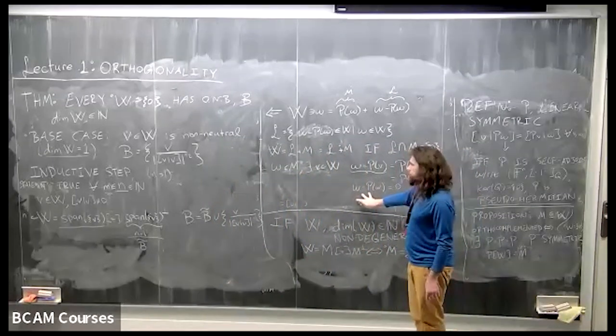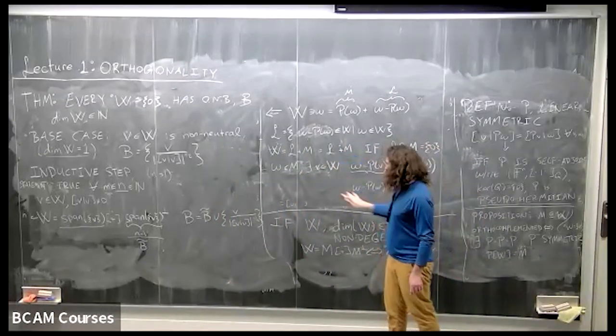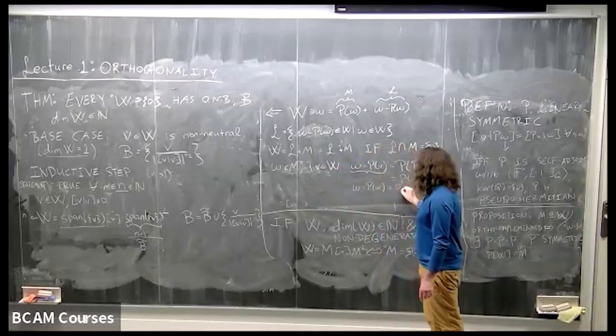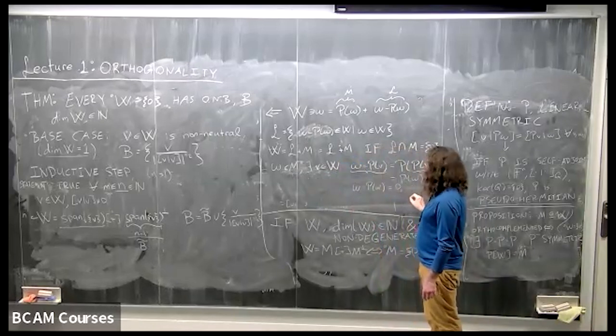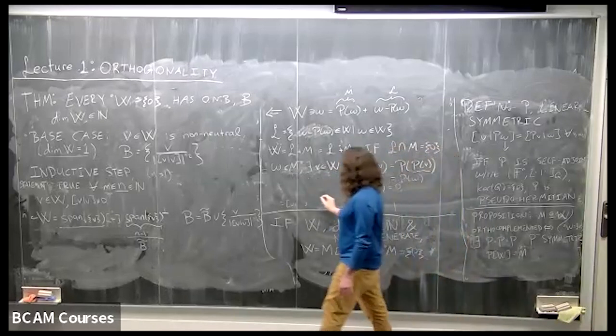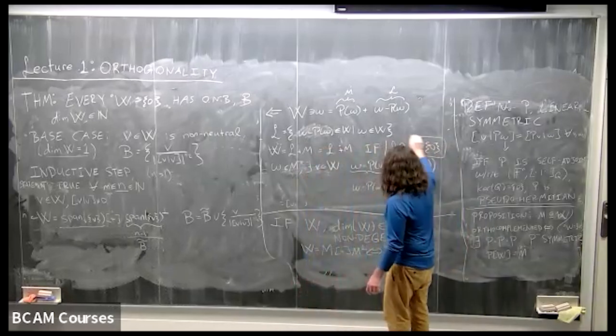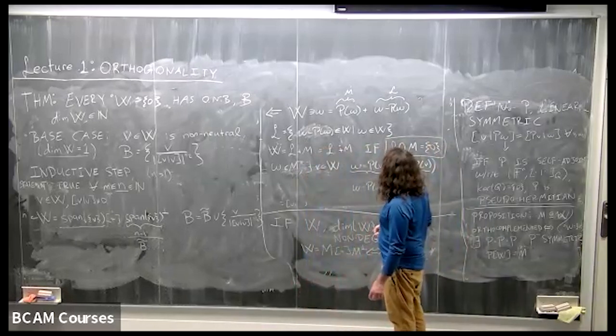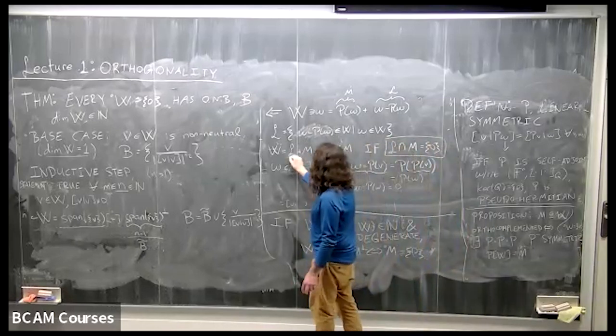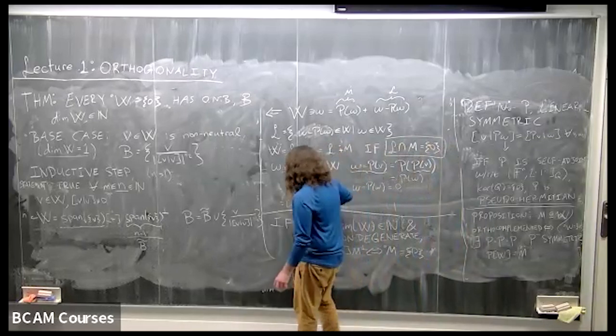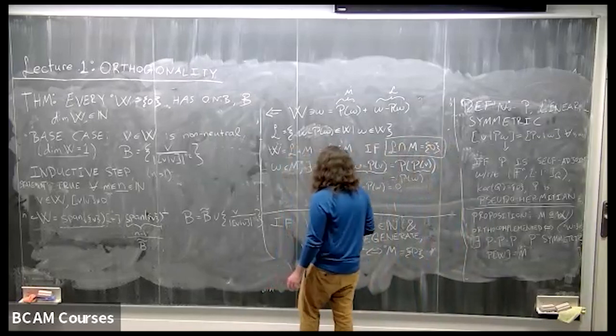So the only vector in L of this form that's also in M is the 0 vector. So this is verified.